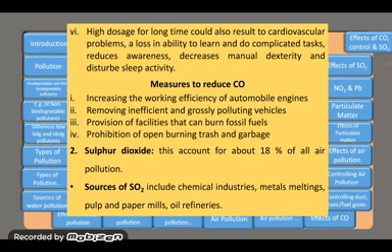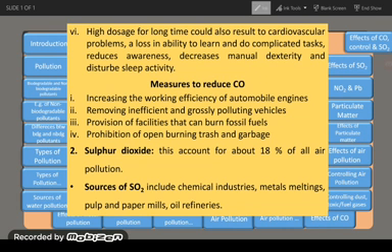Then another effect is that high dosage for a long time could also result in cardiovascular problems, that is, diseases of the heart, a loss in ability to learn and do complicated tasks, that is, that person may lose part of their memory gradually, then reduced awareness, decreased manual dexterity, and disturbed sleep activity. This is disturb. Please, the normal spelling is D-I-S-T-U-R-B, not B-E. So it can disturb the sleeping activity of such an individual.